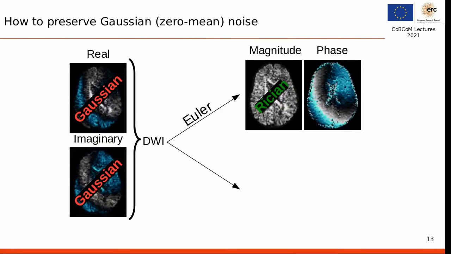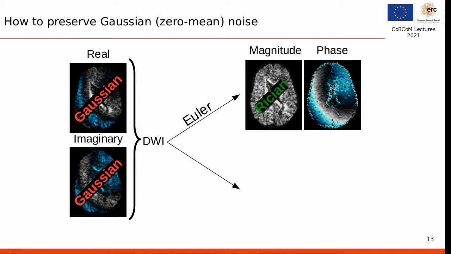So how do we actually preserve the Gaussian zero mean noise? Well, on the left again, I report the real and imaginary components of a diffusion-weighted image, and as we said, they are corrupted by Gaussian zero mean noise. And as we saw before, in order to make them intelligible and usable for our further processing, we typically perform what is called the Euler representation into a magnitude and phase image, where, as we said, the magnitude is Rician.